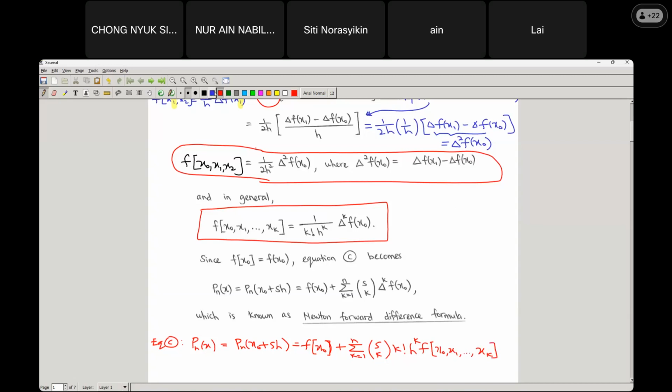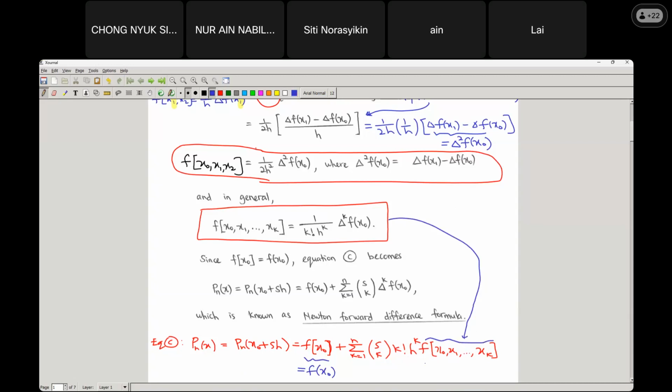Now, first of all, we know that this term is equal to f(x0). Next, you can substitute this one into this term.